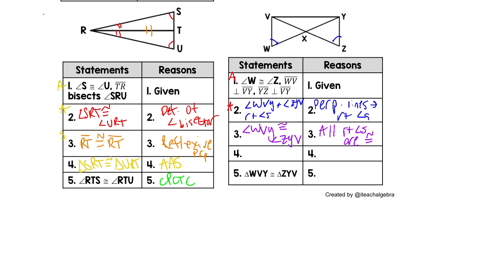Now we need sides that are congruent. Well, we've got segment VY is congruent to segment VY because of the reflexive property. And that's a side. So we can say triangle WVY is congruent to triangle ZYV because of the angle side congruence.